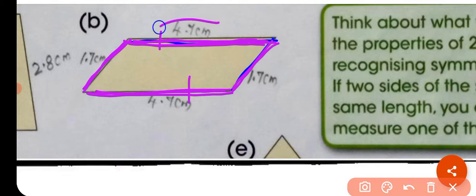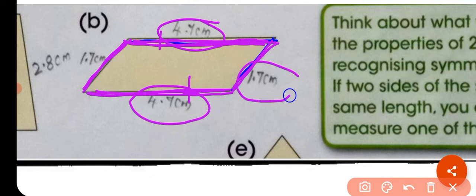This is 4.7 centimeter. Since these two sides are equal, we can write this also 4.7 centimeter. Similarly, find the length of this side, that is 1.7 centimeter. So this is also 1.7 centimeter. Okay. Now our next step is change this length into millimeter.